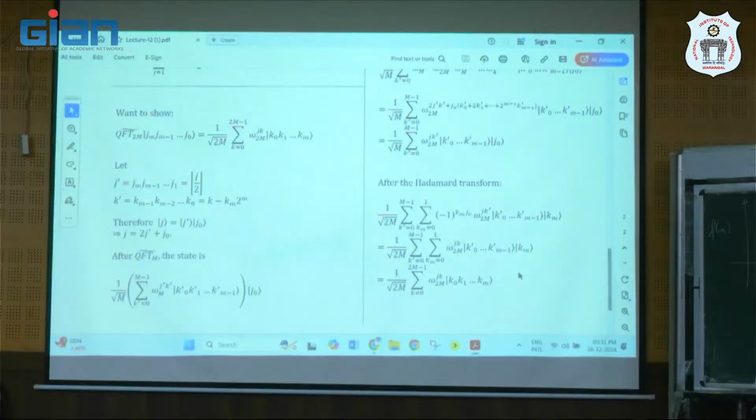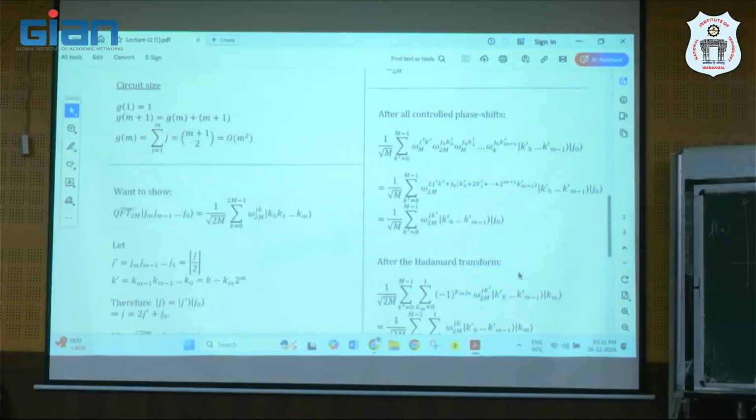Correct? Yes? Because all the wires are done. Till now we have not done the last Hadamard. This is only the control phases.